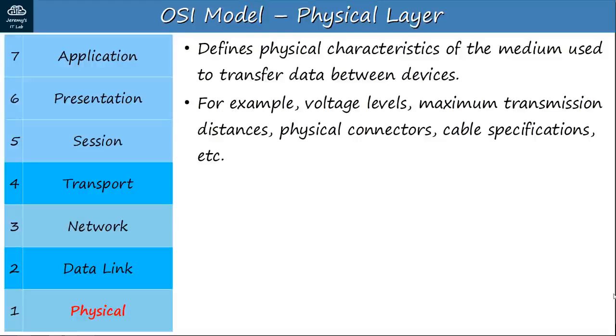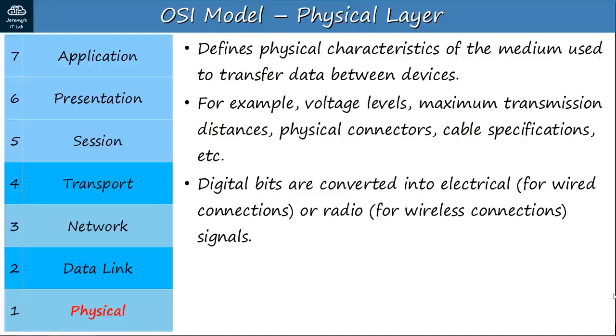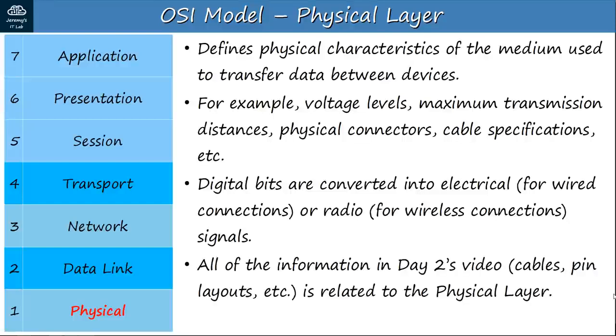For example, voltage levels, maximum transmission distances, like the maximum cable lengths mentioned in Day 2's video, physical connectors, cable specifications, etc. Digital bits are converted into electrical signals for wired connections, or radio signals for wireless connections like Wi-Fi. As I mentioned before, all of the information in Day 2's video, such as cables and pin layouts, is related to the physical layer of the OSI model.